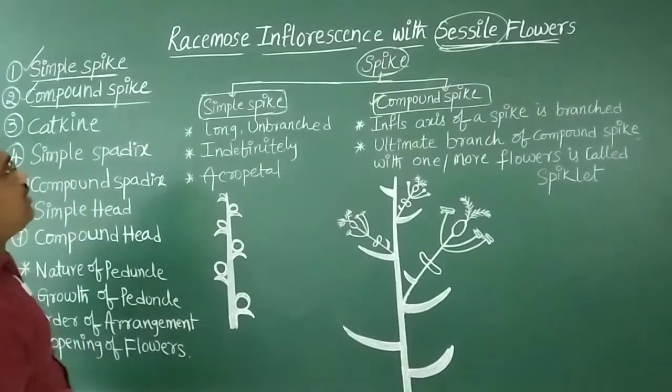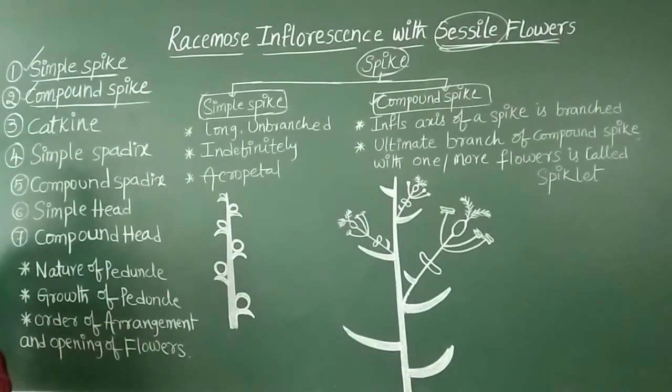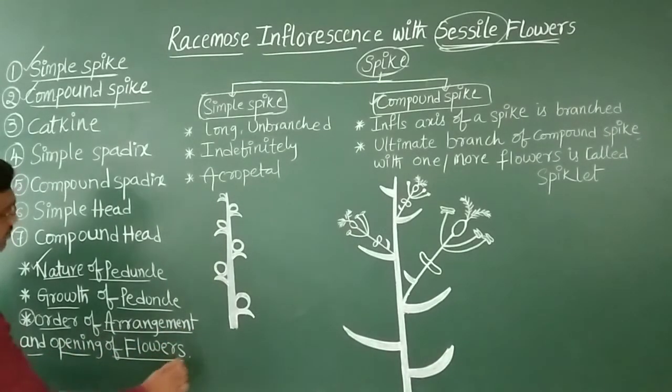These inflorescences are classified based on the nature and growth of the peduncle. That is the most important concept here. That is, the order of arrangement and opening of the flowers.